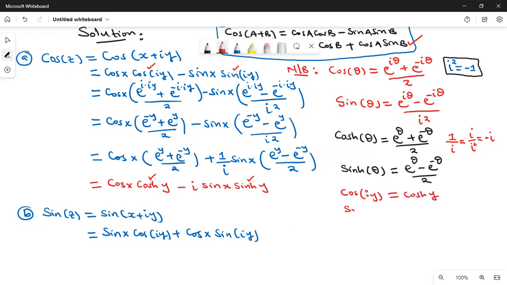What about sine of iota y? What are we supposed to get? Look at part A. It was sine x times sine iota y. And in our answer, when you do the comparison, sine x, then it means the other part will be i times sine hyperbolic of y. So that will give us i, then hyperbolic sine of y.